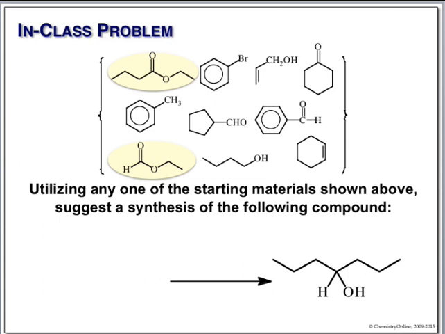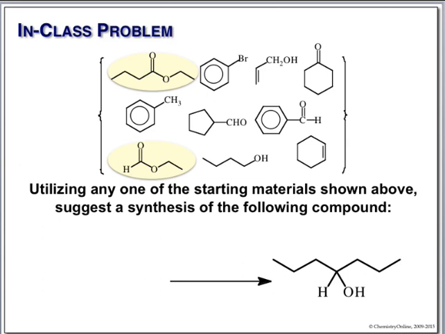What type of an alcohol? A tertiary alcohol, right? Grignard reaction on an ester gives a tertiary alcohol. Our target molecule here is a secondary alcohol.